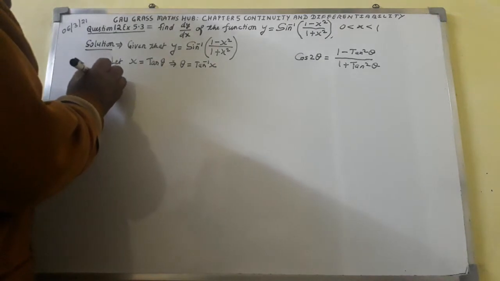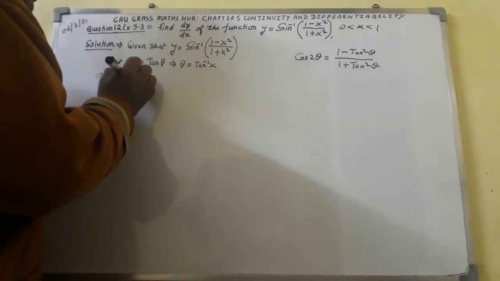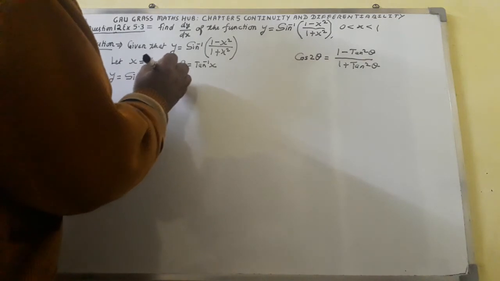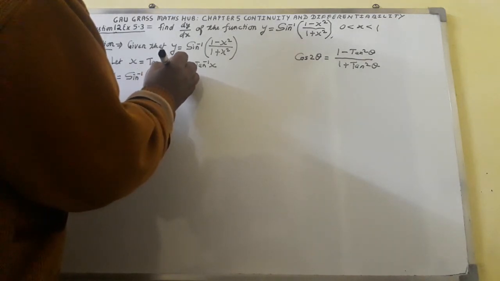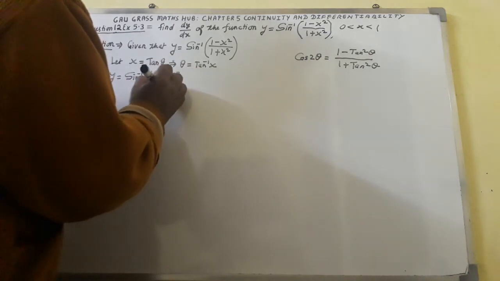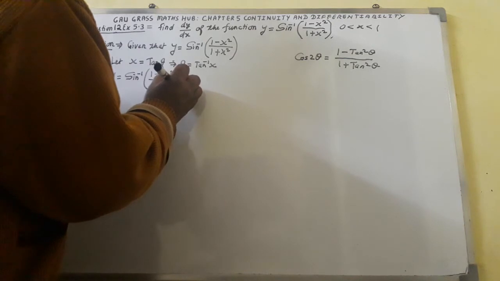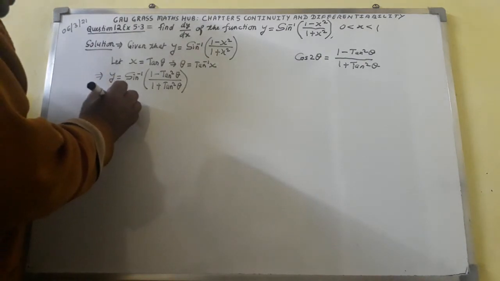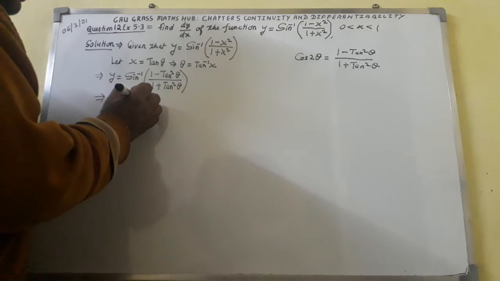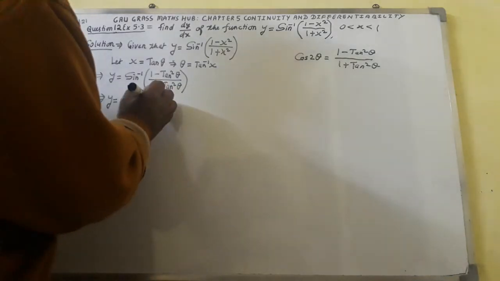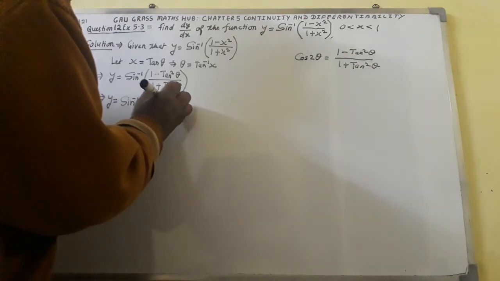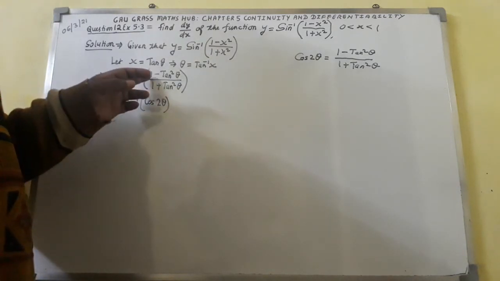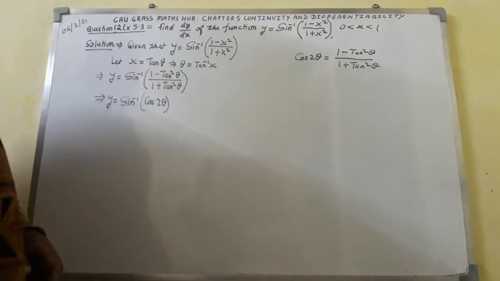Again I shall write y equal to sine inverse of (1 minus tan square theta over 1 plus tan square theta), which implies that y equals sine inverse of, here I shall write cos 2 theta, because cos 2 theta equals 1 minus tan square theta over 1 plus tan square theta.